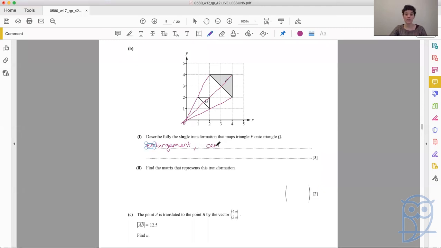Center of enlargement is at (0, 0). And our scale factor, P onto Q, is 1 over 2. We've shrunk this triangle, so the scale factor is 0.5, a half.